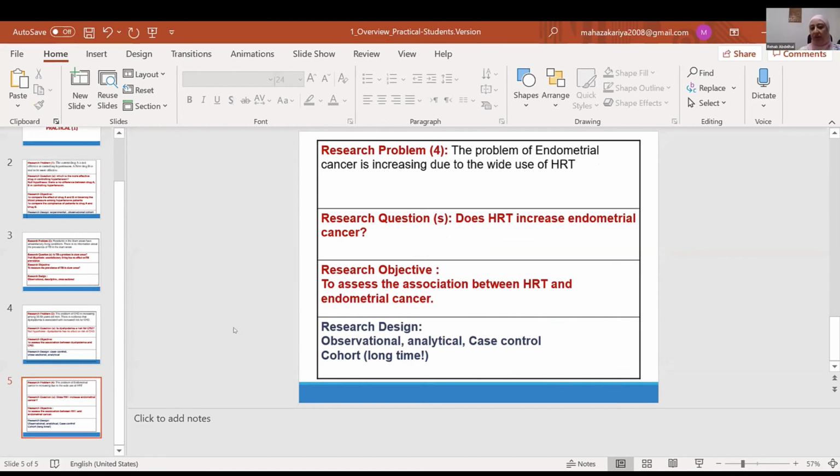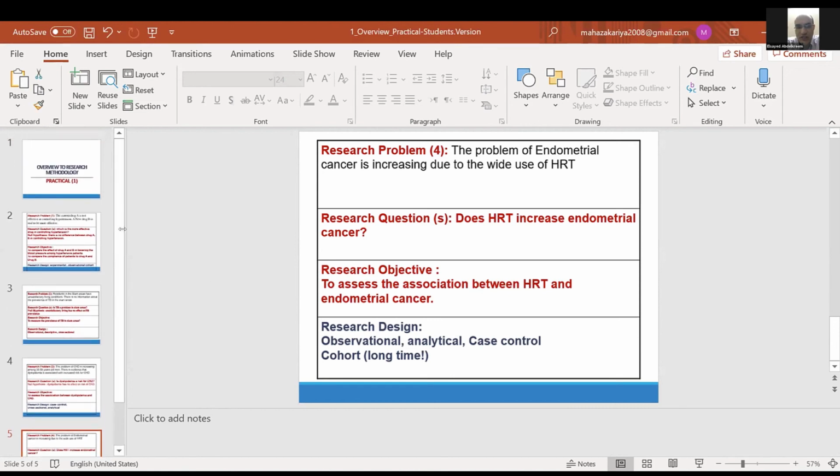Very good. Any questions from the other group on this group's presentation for this problem? Maybe I suggest some revision in the research question, because this implies causation.